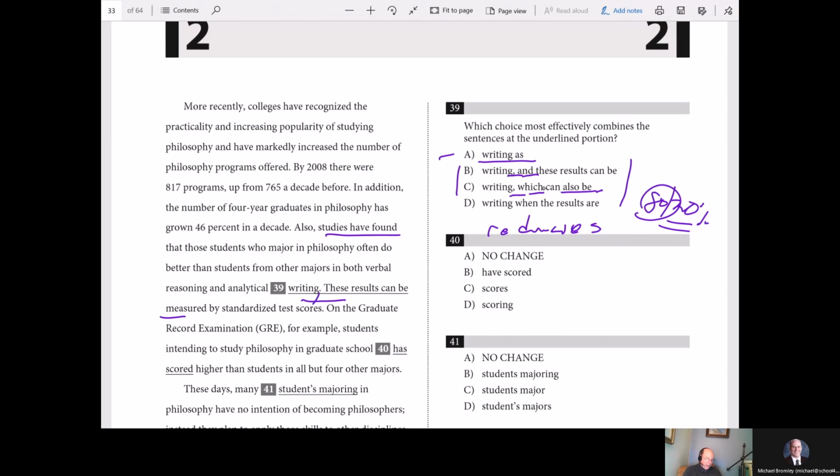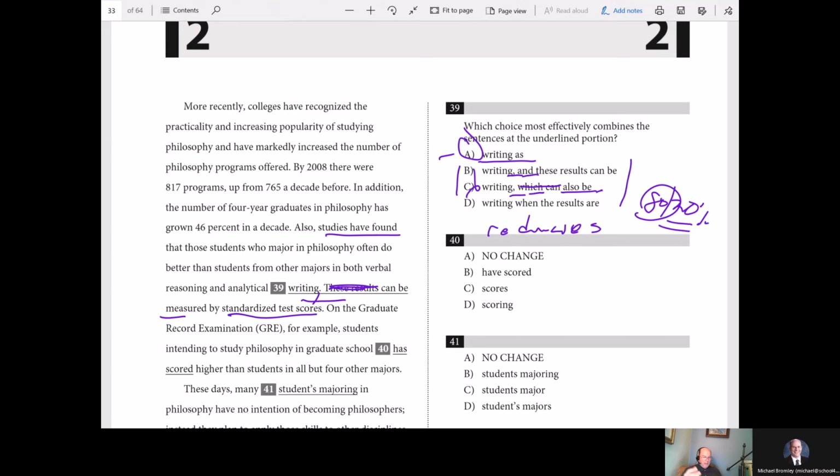Writing, comma, and these results can be. Why would I repeat these results? Studies have found those are the results. That's redundant. So it's not really a grammatical exclusion here, but it is redundant, which can also be the results. So I want to eliminate those and on this 39, I want to go with A. The shortest fits. Studies have found blah, blah, blah, as measured by standardized test scores.